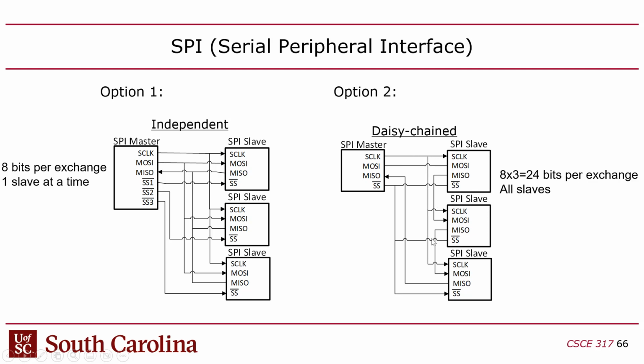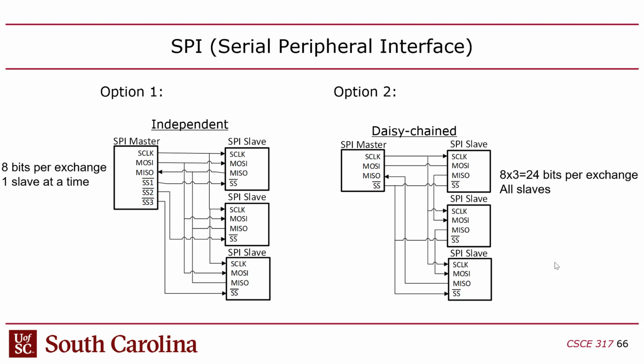So in other words, it acts like a shift register, where bits are flowing through from the master into the first slave and then the second slave and the third slave. So the number of bits per exchange goes from 8 to, in this case, 8 times the number of slaves. So every single time you have a transaction, of course, all the endpoints, all the slaves have to participate. And that's an option.